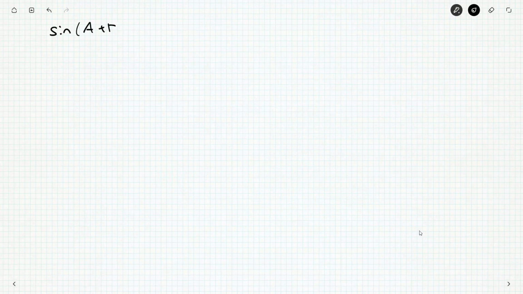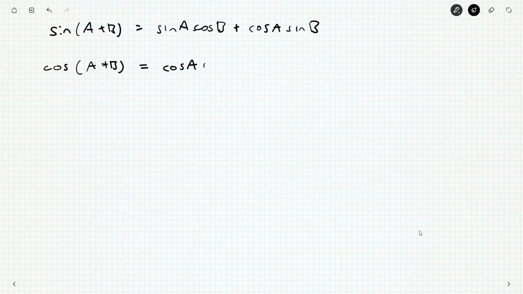So I know sine of A plus B is sine A cos B plus cos A sine B. I want cos of A plus B, which is cos A cos B minus sine A sine B. Now I want 4 over cos of 45 minus phi.